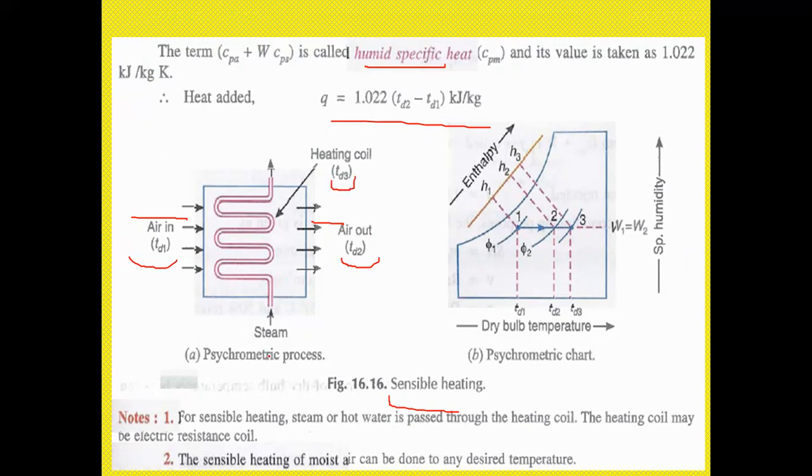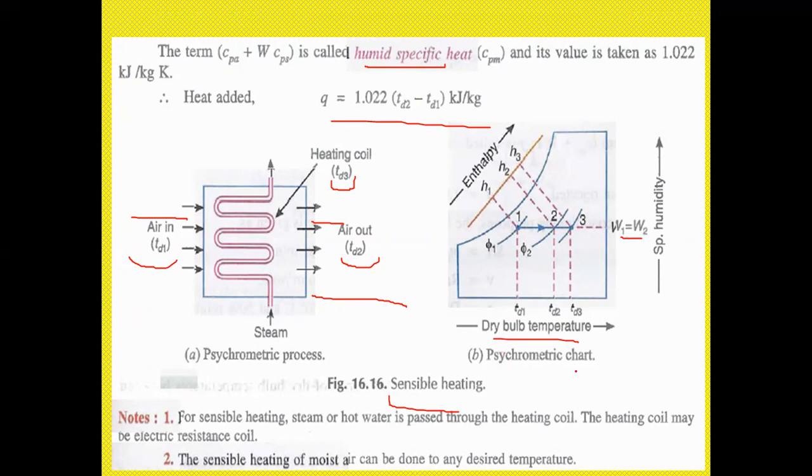The steam is passing through this chamber. From this we are taking the graph, for dry bulb temperature and specific humidity, with phi values phi1, phi2 and phi3 shown in this figure. So W is equal to W1, W2, and H1, H2 and H3.